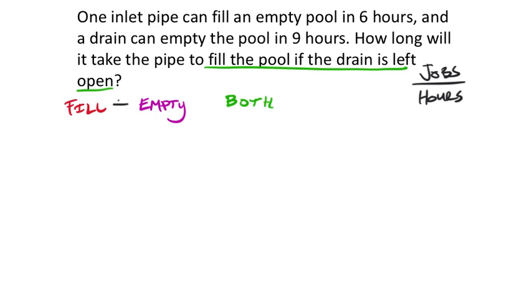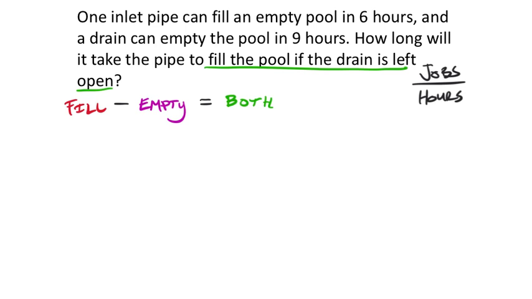So if I take the filling and the emptying together, I'm going to show addition right here, even though we know emptying means it's being taken out. If you wanted to, you could just make that a minus. In fact, I will stick with that, although what I was going to do is make that plus a negative, which in the end would have just made it minus. So I'm going to take away the emptying because it's being subtracted there.